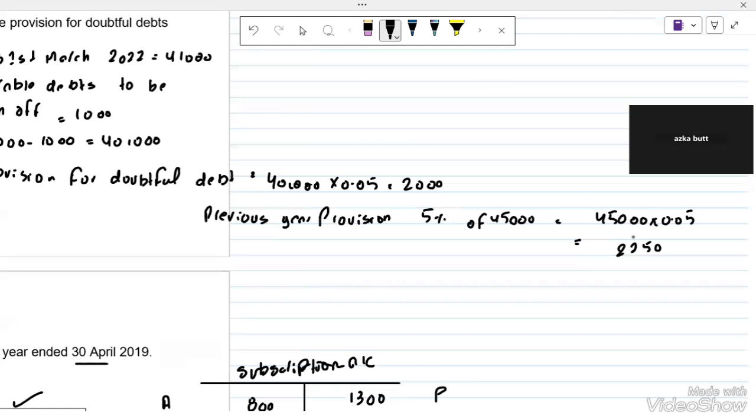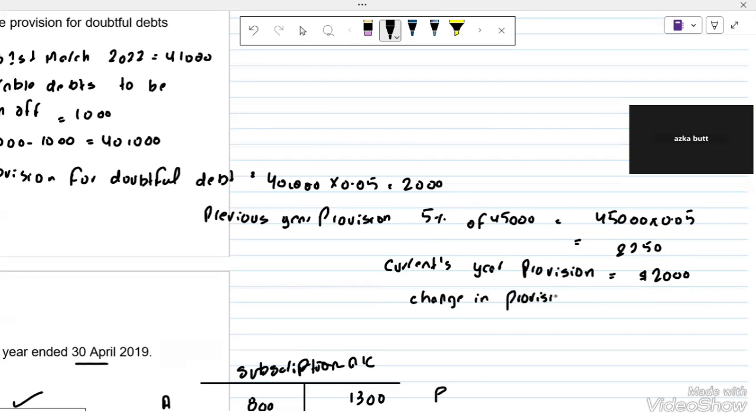The current year provision is 2,000, which we just found. So the change in provision is equal to 2,250 minus 2,000, which equals $250 decrease.